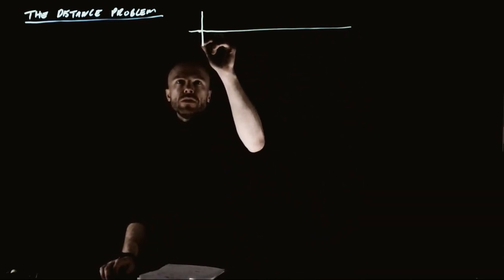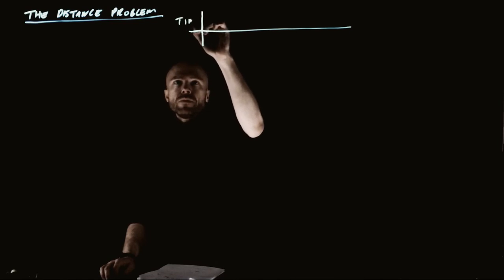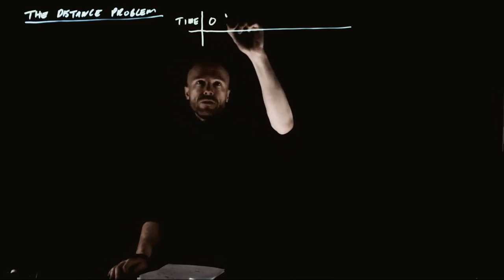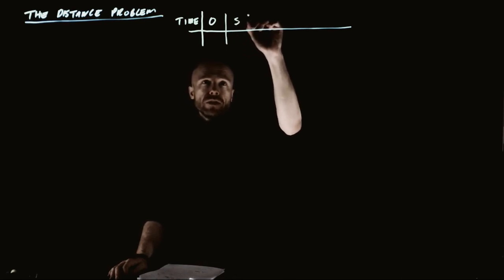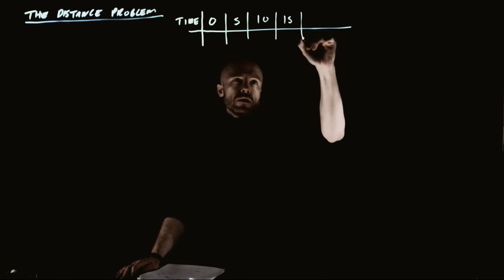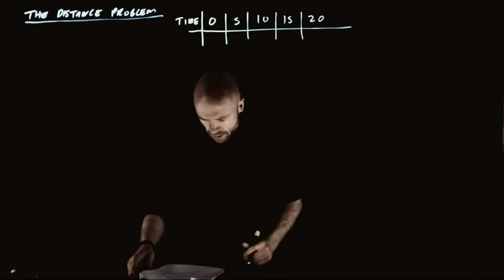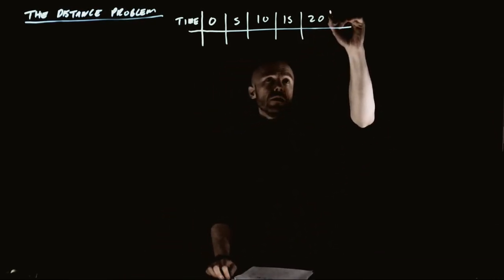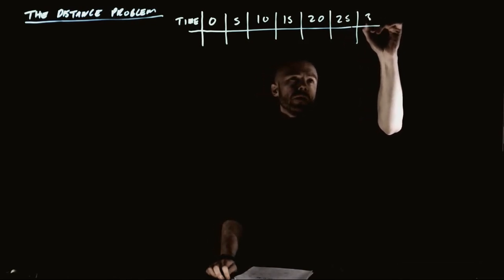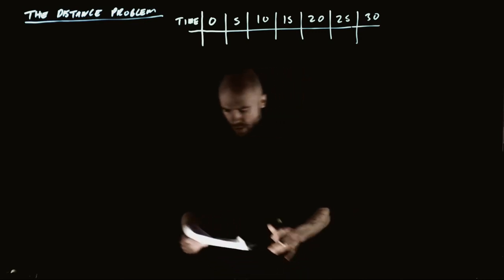So this here is the time. And you're doing these recordings at 0 seconds, at 5 seconds, at 10 seconds, at 15 seconds, at 20 seconds, at 25 seconds, and at 30 seconds. And these are the times.